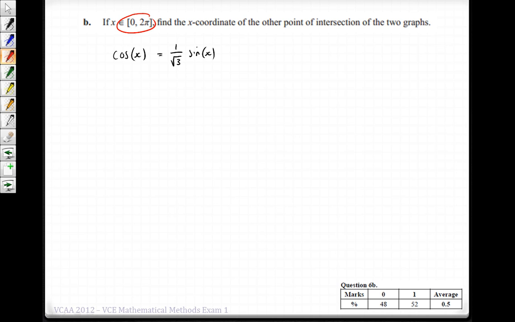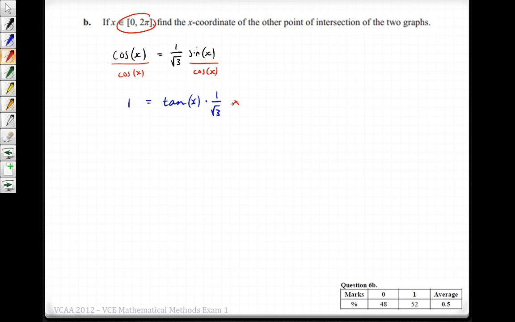For this type of question, we're always going to want to combine sine and cos into tan. So to do that, we're going to divide both sides by cos of x, and we're going to get that 1 equals tan of x multiplied by 1 on root 3.